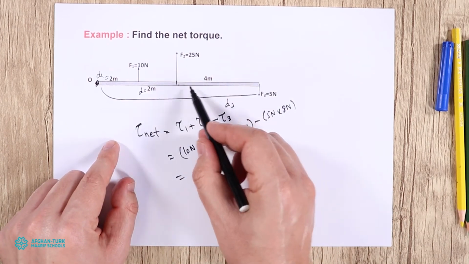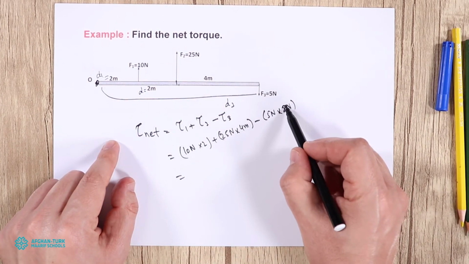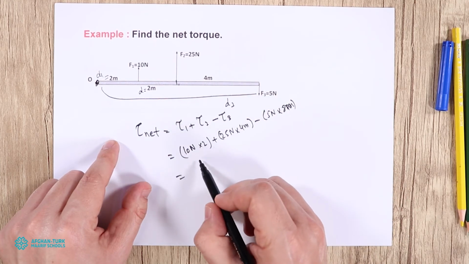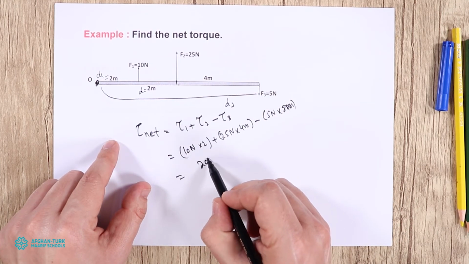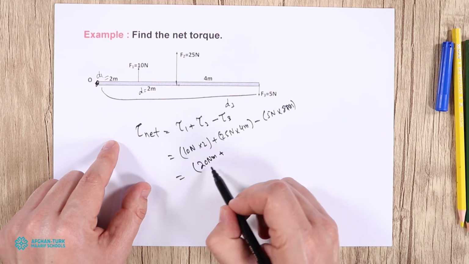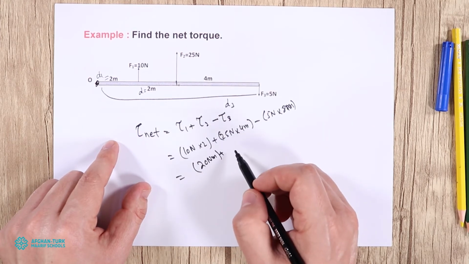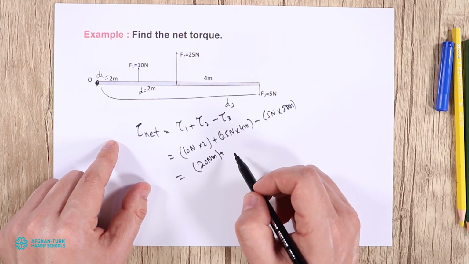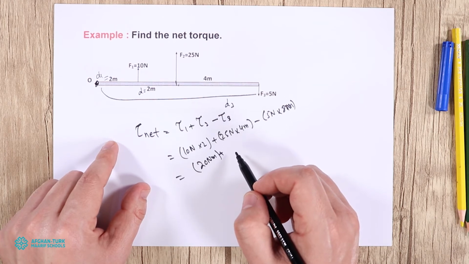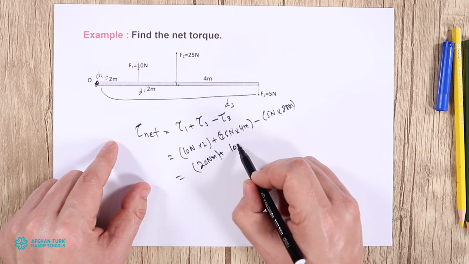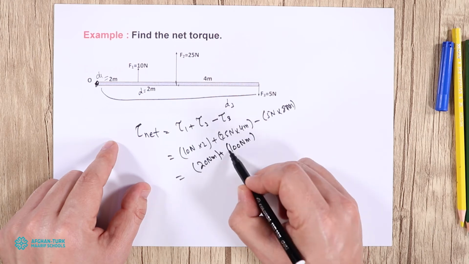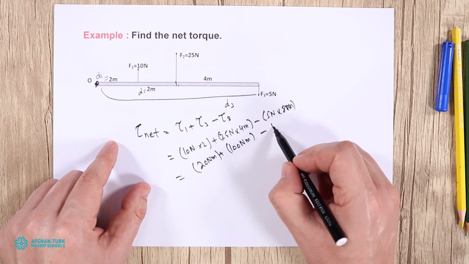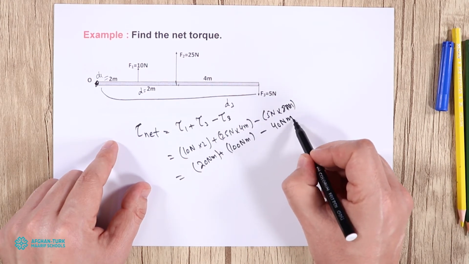So 4 plus 4 is how much? 8 meter. So 10 multiplied by 2 is 20 Newton meter, plus 25 multiplied by 4, it's 100 Newton meter, minus 40 Newton meter.